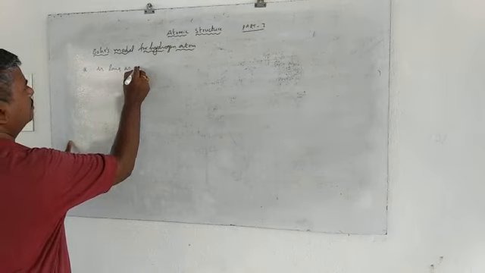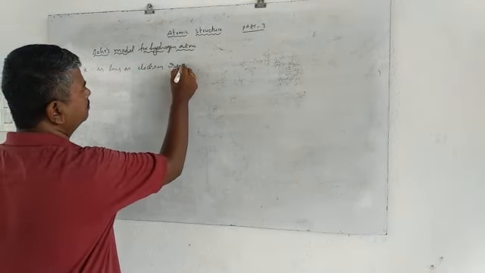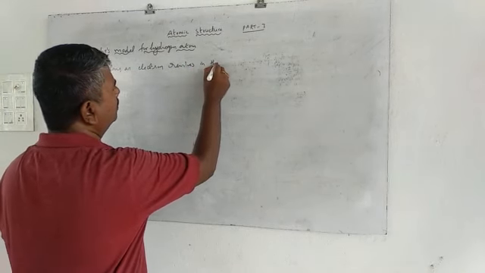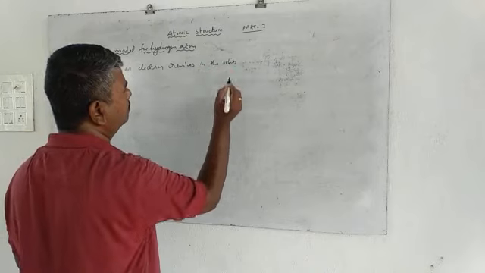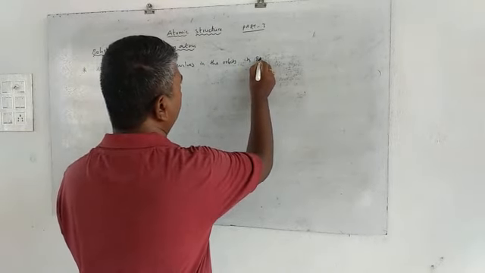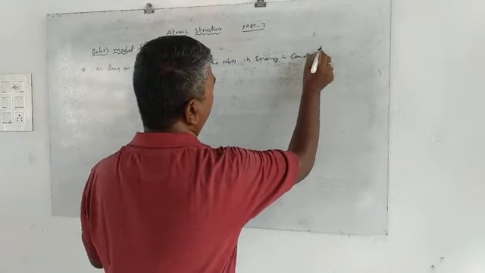As long as the electron revolves in the orbit, its energy is constant.